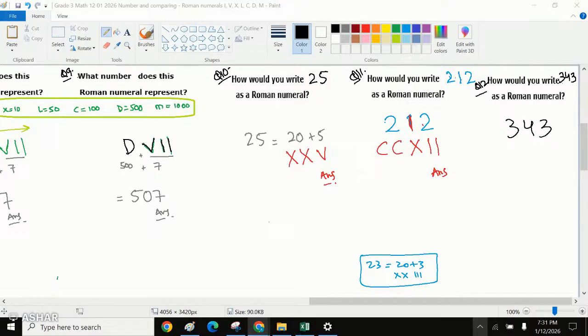If C is 100, let's focus. Can anyone give me the answer for 343? Job, can you give me the answer? How do we write 343 in Roman numerals?